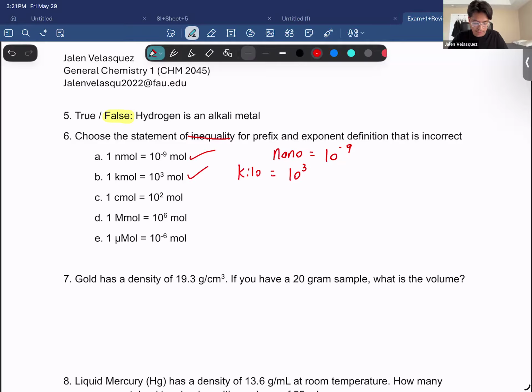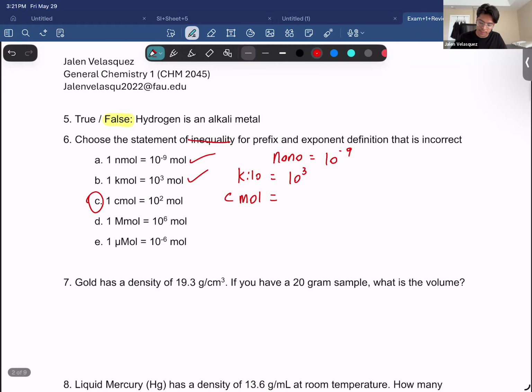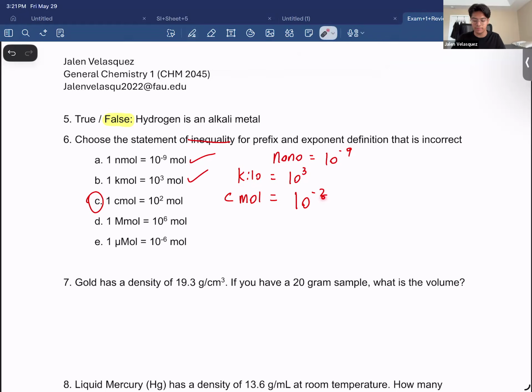For C, 1 centimole, is it equal to 10 to the positive 2 moles? No. What should it be equal to for centimole? This should be 10 to the negative 2, not positive, right? So it should be negative 100.